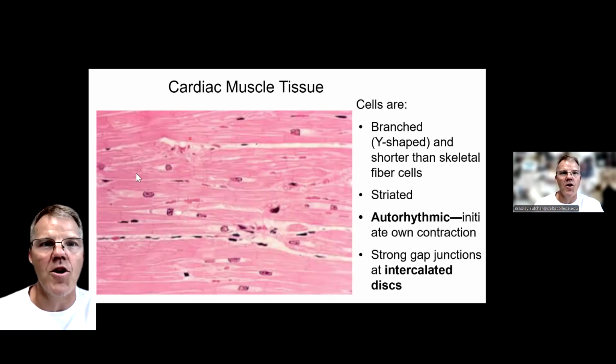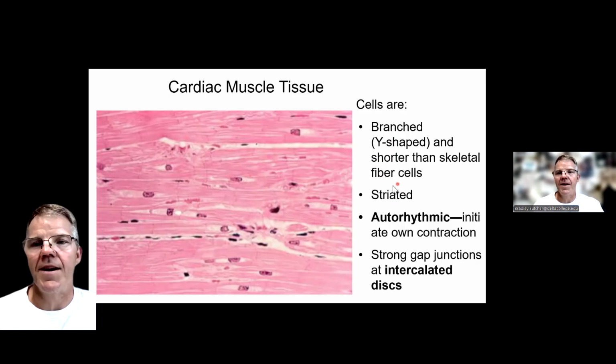Here's an example of cardiac muscle tissue. Cardiac tissue is characterized by being striated. Striated means it has a striped appearance, and it is also involuntary, is the word I'm looking for.